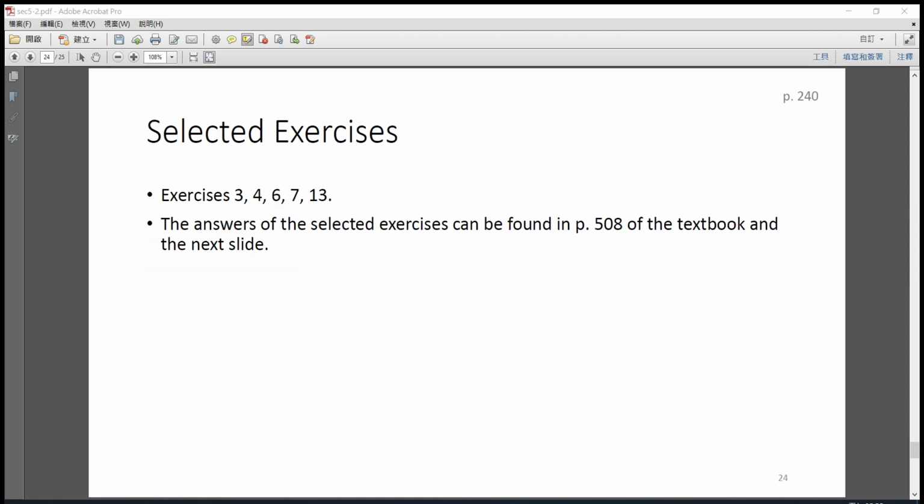I have selected some exercises for you to test whether you understand the contents of this section, and the answers of the selected exercises can be found at the end of the textbook and in the next slide.